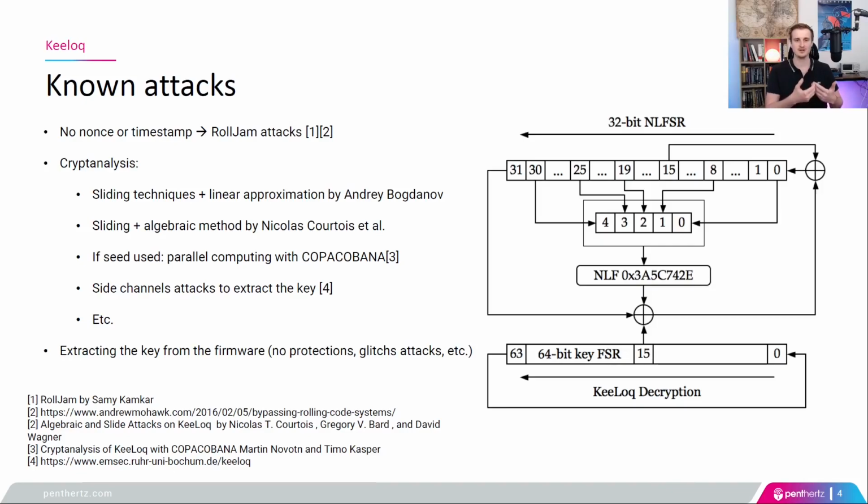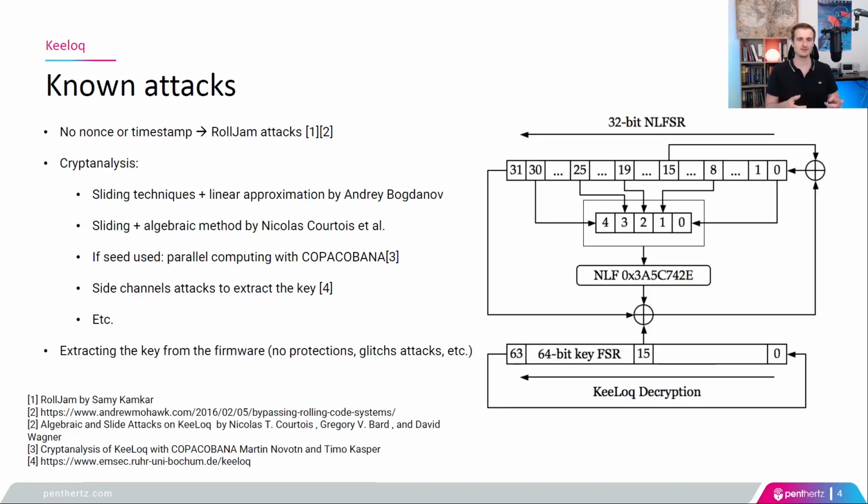So if someone is nearby, and you sniff the key press of someone far from the target, you can open the door by just replaying the same signal. Or you can do jamming attacks, jamming the receiver side in order to block it from getting the button press from the user.